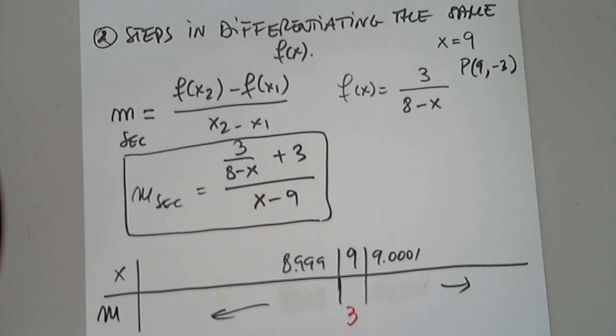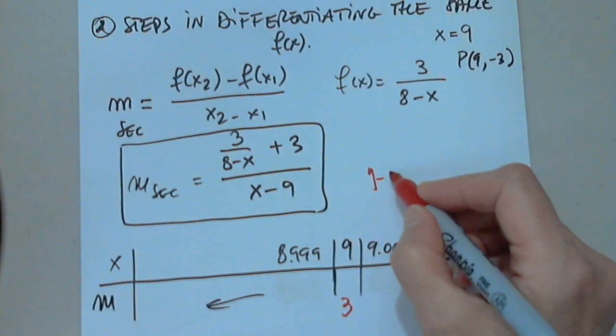I can't plug in 9. But what I can plug in is left and right of 9, and you're given the numbers. So this is from the left, and this is from the right. This is exactly what we did in class. Now I will copy those numbers and plug them in exactly how they're given in the problem, and then I will conclude that this is 3. That's all I needed to see.